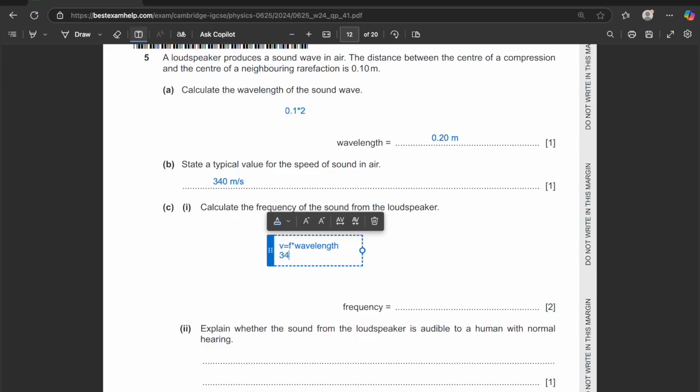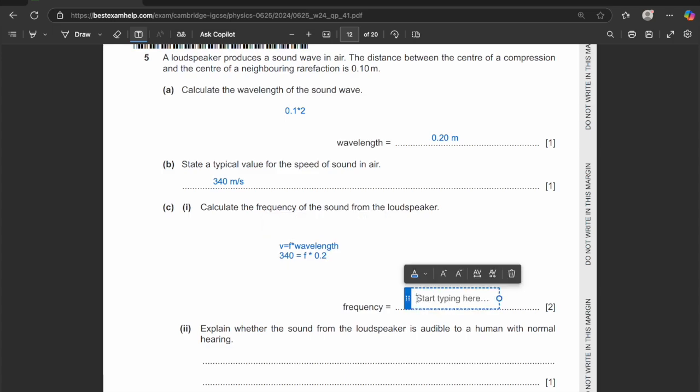So you know the velocity, and we want the frequency, we know the wavelength. So we do the math. f will be equal to 340 divided by 0.2, and then we get 1700 hertz.